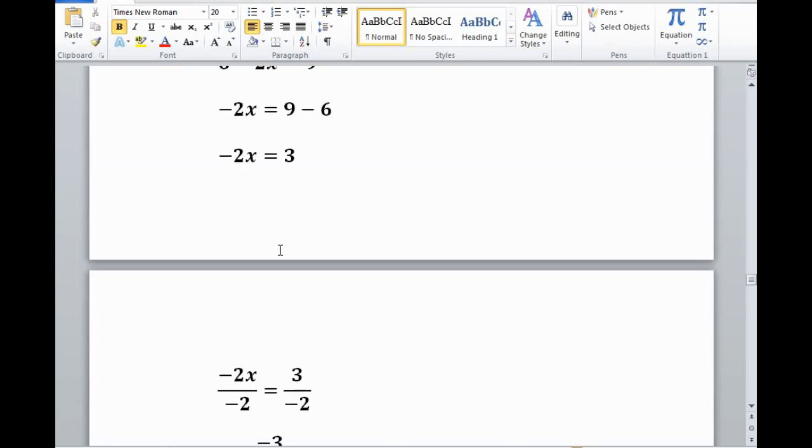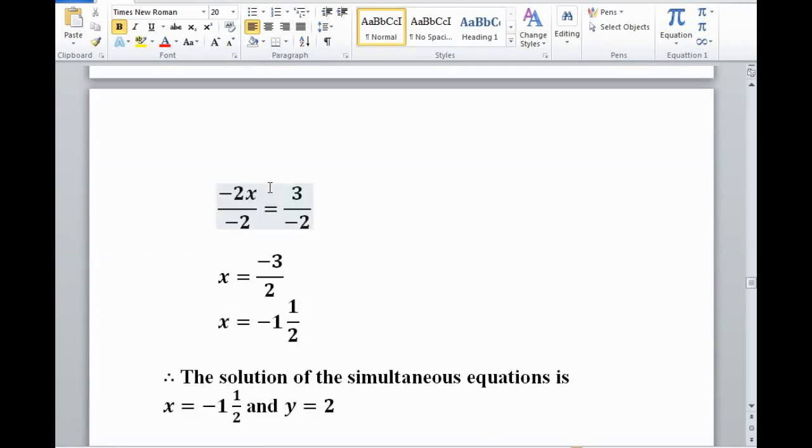And to get x alone, let's divide this equation negative 2x equals 3 by negative 2. Then we know that negative 2 will cancel out negative 2, so we have x equals negative 3 upon 2.